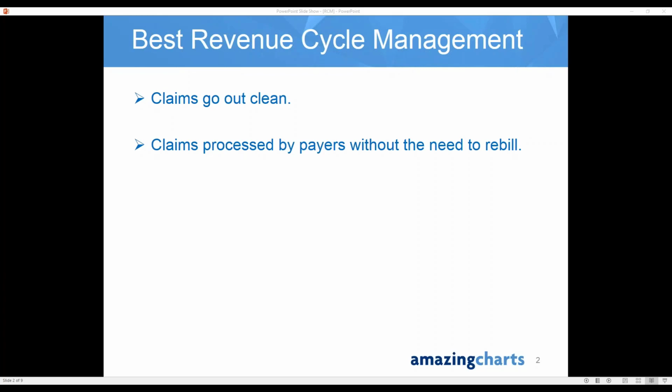In Amazing Charts Practice Management, not only do we have reports that you can use to minimize your claim errors and the different reasons why your claims may not be paid in the first go around, but we also have scrubbers in place both before the claim is released from Amazing Charts Practice Management, and then again at the clearinghouse level to ensure that you are not missing really critical pieces of information on your claims.